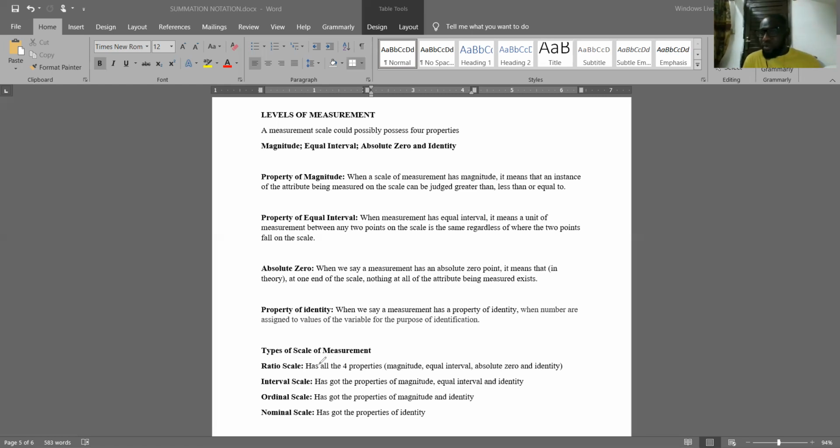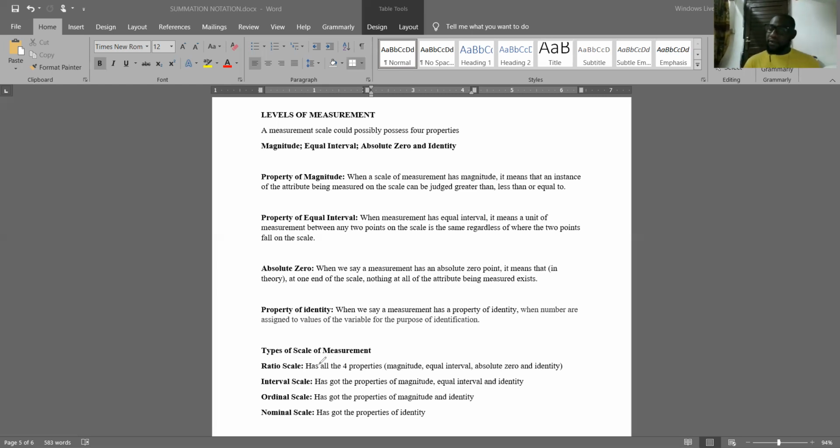But you remember we said with absolute zero, for us to say that the property is 0, that should tell you that the attribute we are measuring doesn't exist. Like 0 cm, we can say that there's no length. But when we say 0°C, we can't say there's no temperature.